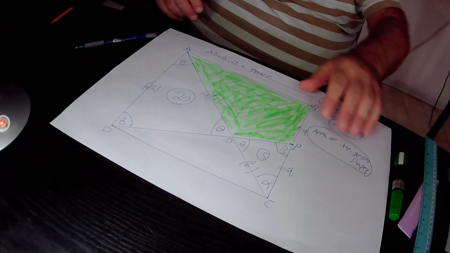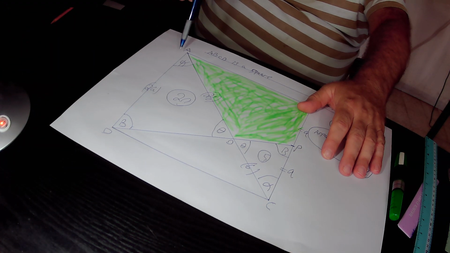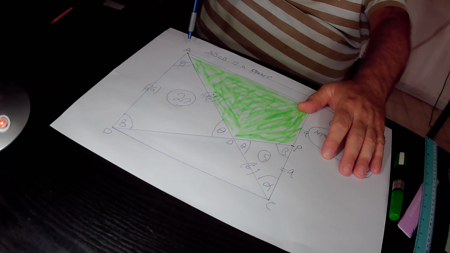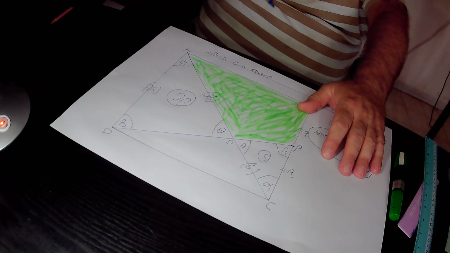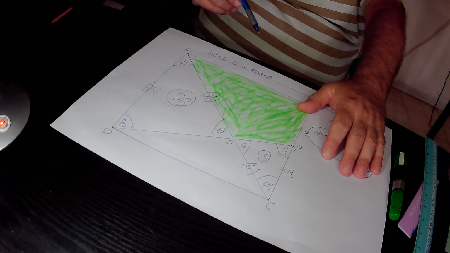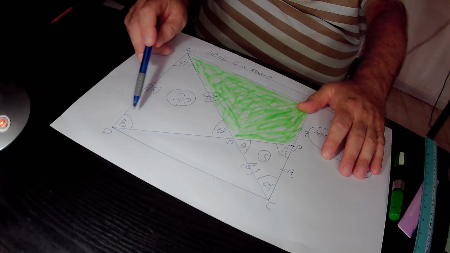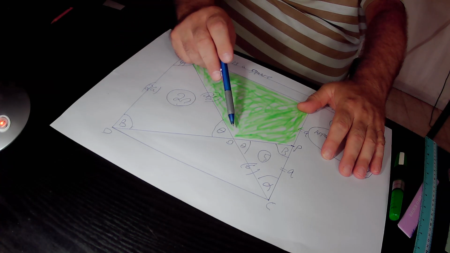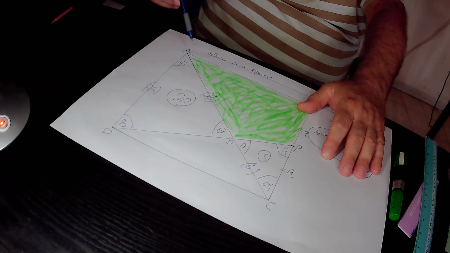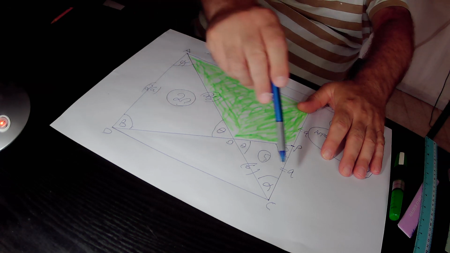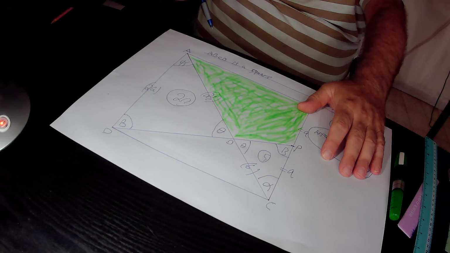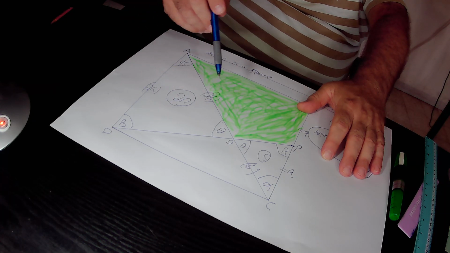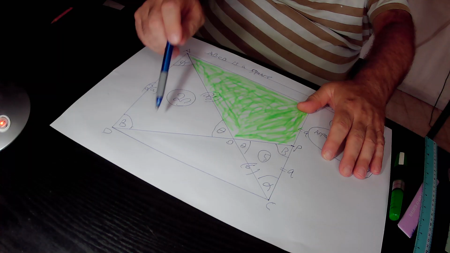Why? Because in our drawing we have the right triangle ADC. The right triangle ADC is divided into two smaller triangles by line segment OD. The first triangle is triangle ADO, and the second triangle is triangle OCD.